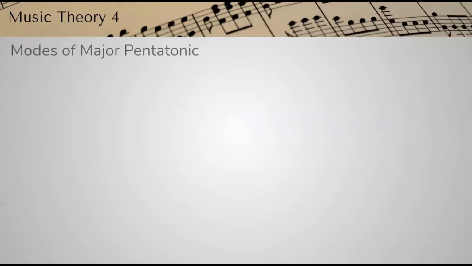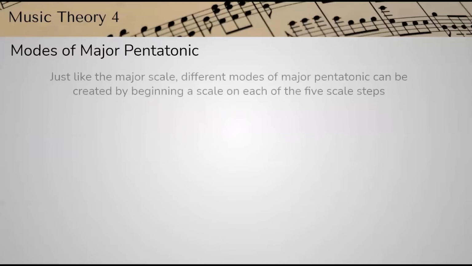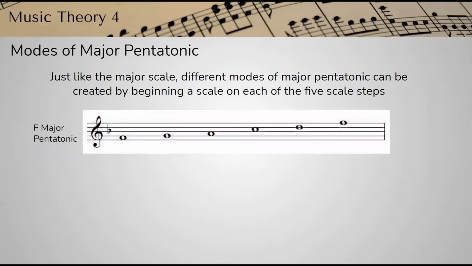Okay. And just like you can make modes out of the diatonic scale, you can also make modes out of the pentatonic scale. You can do it with any scale, really. So if we go back to our F major pentatonic scale, we can start on any one of those scale steps and create a mode of pentatonic F major in this case.